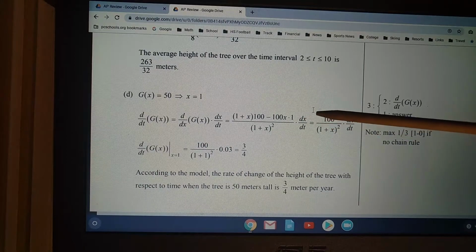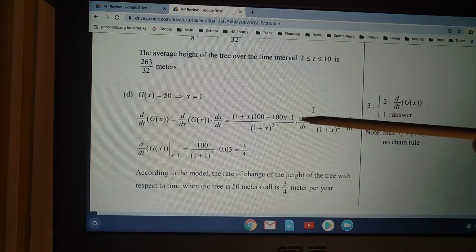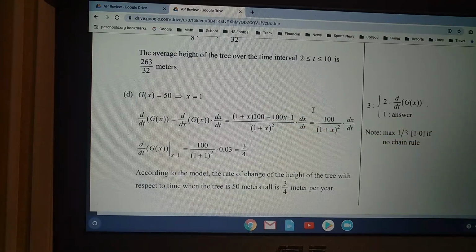If you don't take that derivative with respect to t and don't get that with your dx dt. If you make a mistake and you don't have your dx dt on both terms, I believe you can get 1 point, but that would be the limit of it. And notice here, if you don't use the chain rule, in other words, if you don't get your dx dt, the most you can get is 1 point.